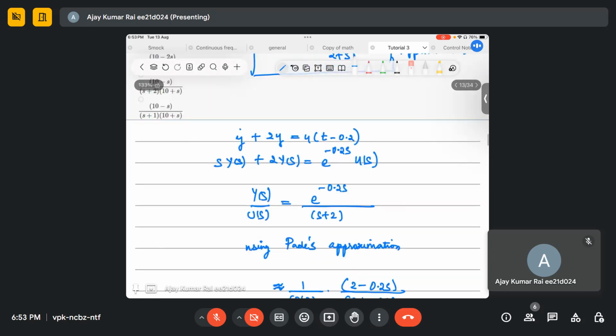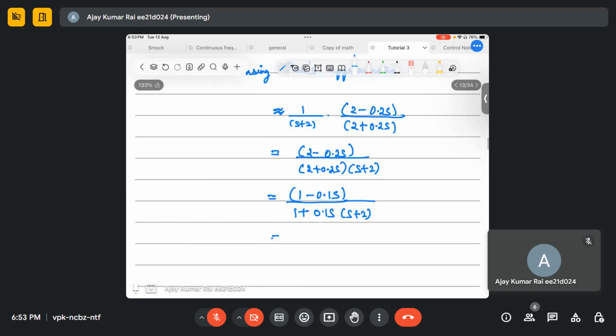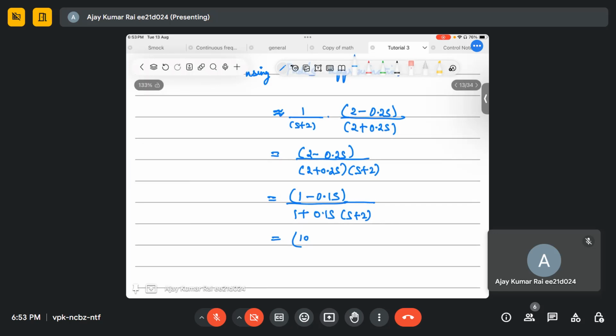Okay, so if you multiply by 10, what you'll get? 10 minus s over 10 plus s, into s plus 2. So this is the approximate transfer function P(s).